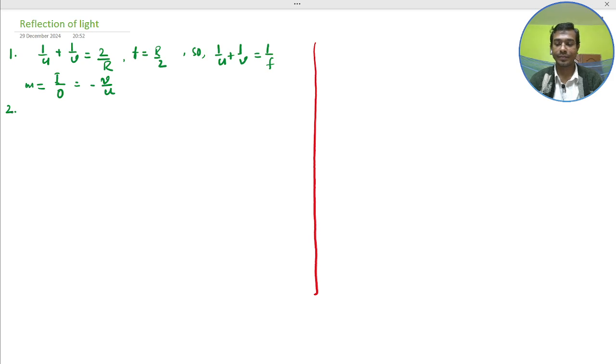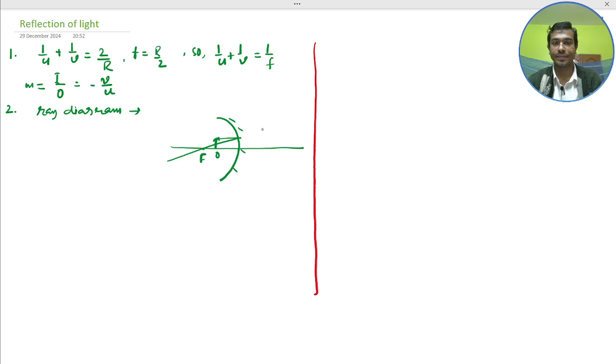First, this is a concave mirror and here is the object. A ray goes in this direction and comes back, and another ray follows back in this direction.